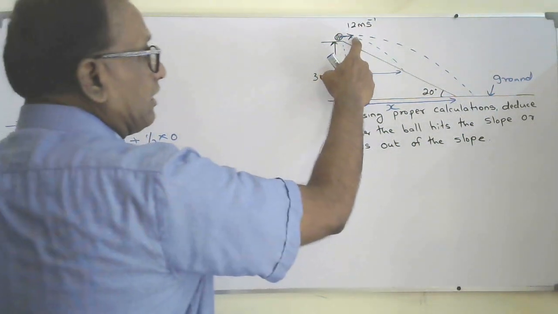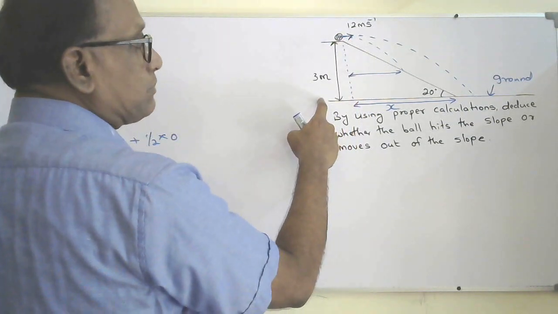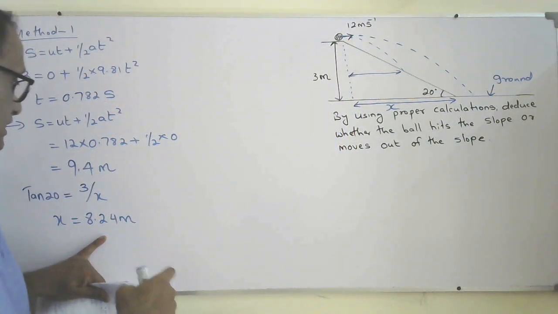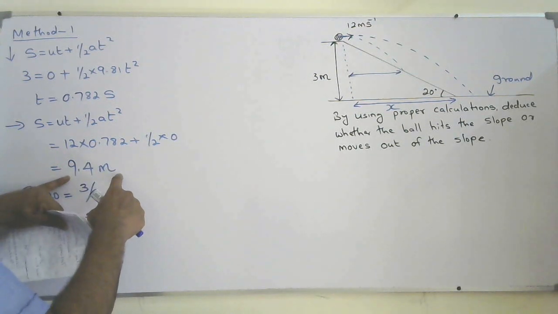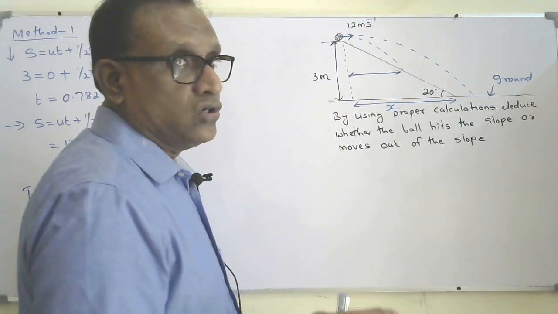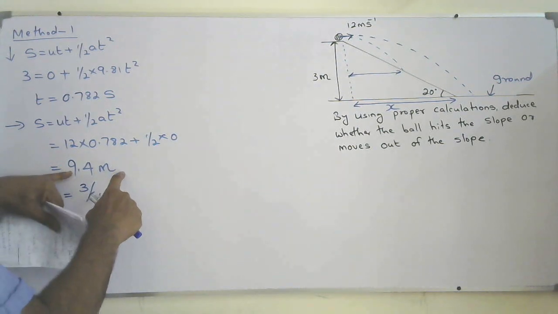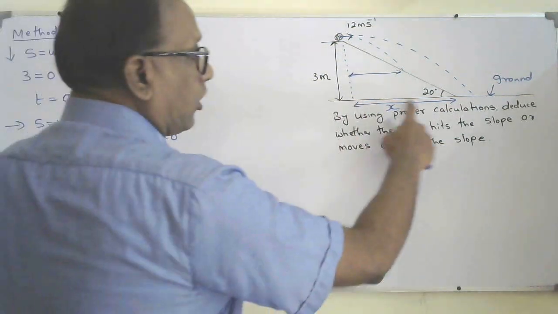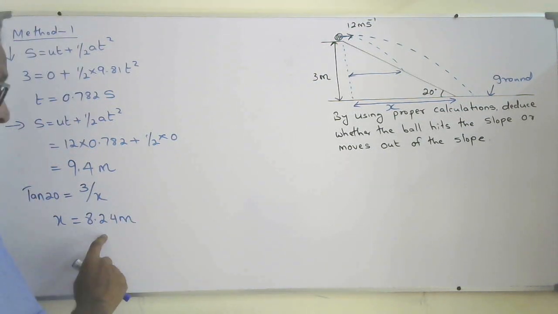For this particular velocity, when it completes a vertical displacement of 3 meters, its horizontal displacement will be 9.4 meters. That means when the ball moves vertically downwards 3 meters, it will move a distance more than the horizontal length of the slope. The base of the slope is 8.24.